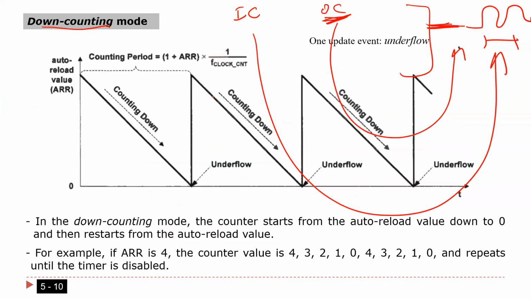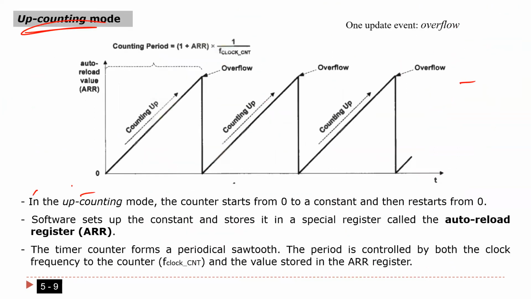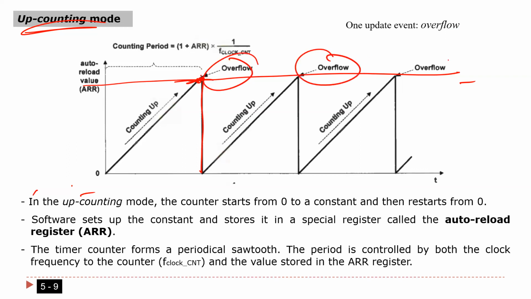Also, every time the timer changes from ARR to 0, an interrupt is also triggered from the timer. Let me say it again. What I'm saying is, this is another source of interrupt. So an interrupt can come from the timer at overflow to tell you there is overflow.